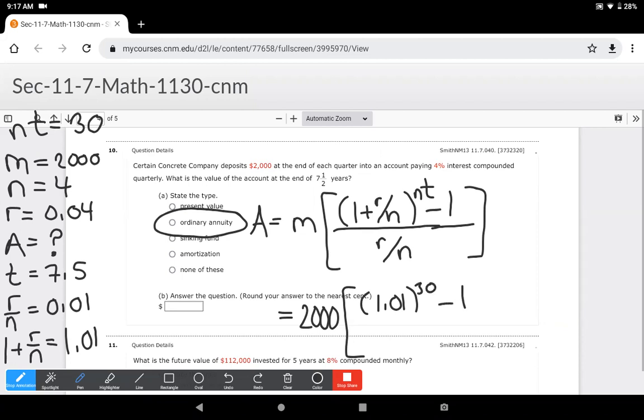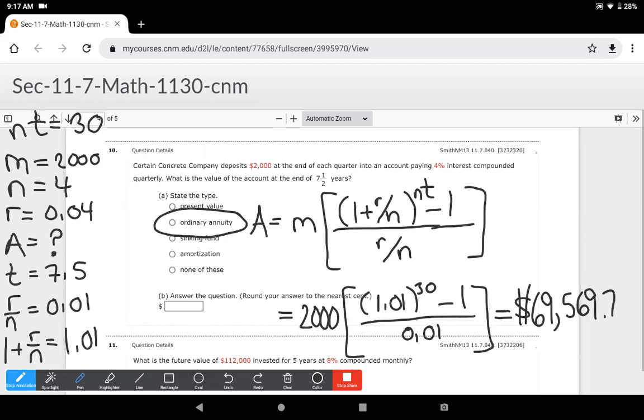Take away 1 from that quantity, and then divide by 0.01. Put that into your calculator, and I get back an amount for the ordinary annuity of $69,569.78.